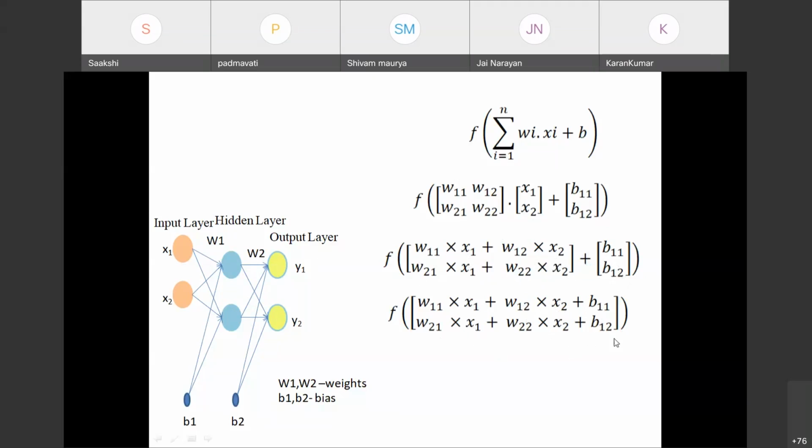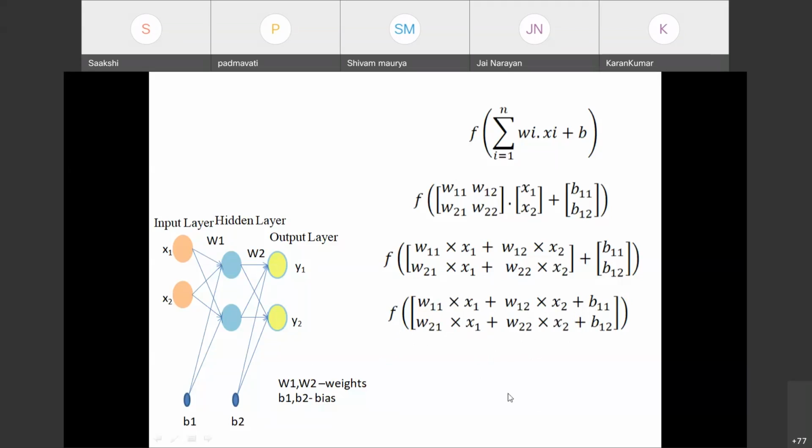This is the resultant of the linear function. On top of this, whenever we apply a non-linear function to this linear value, it will generate some result.